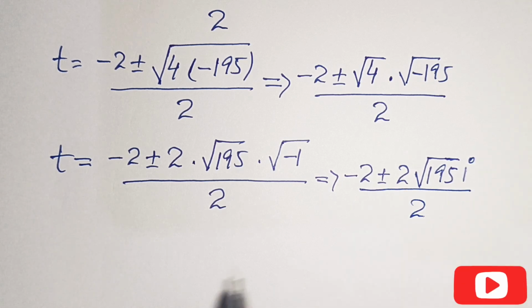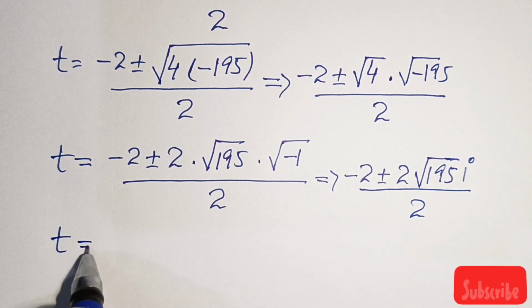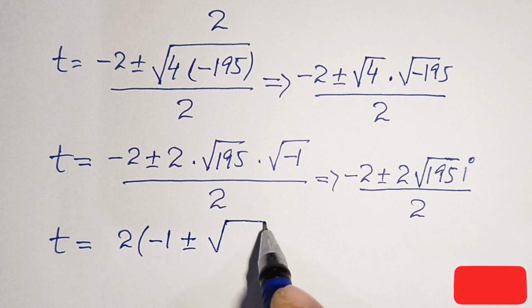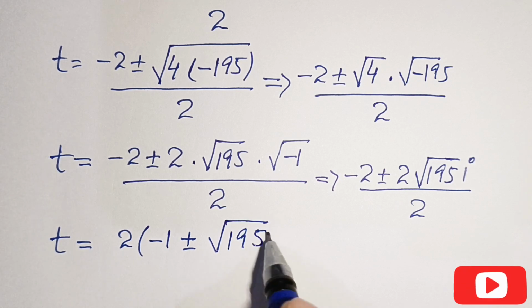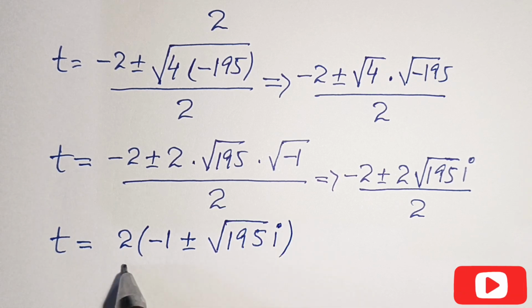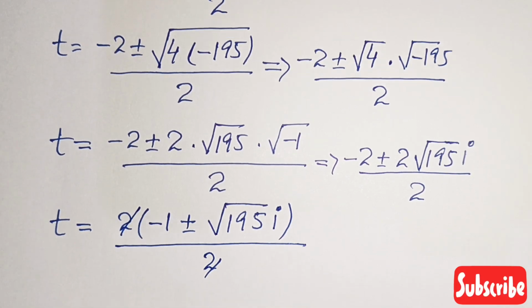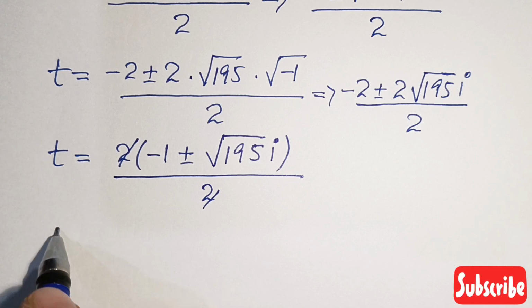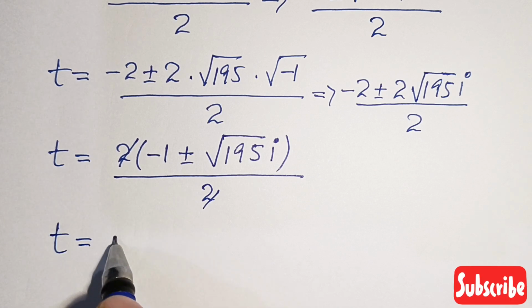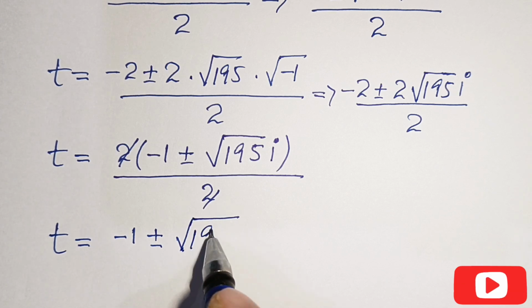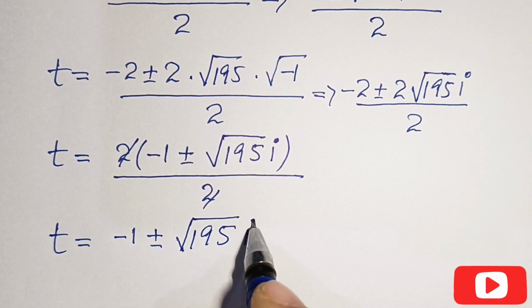Now if we take 2 as common, so it will be t is equal to 2 taking common, so we have minus 1 plus minus square root of 195 i all over 2. Now cancelling 2 with 2, we get two values of t, that is t is equal to minus 1 plus minus square root of 195 i.